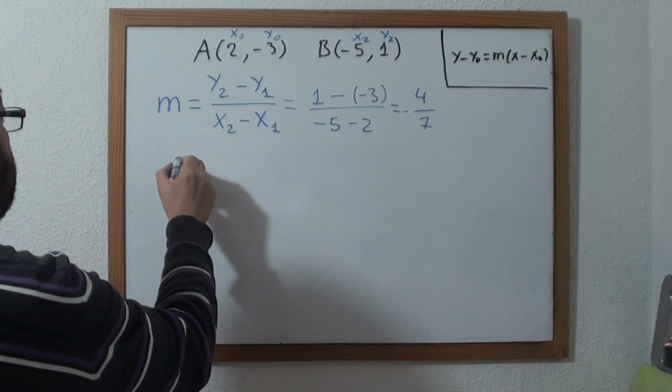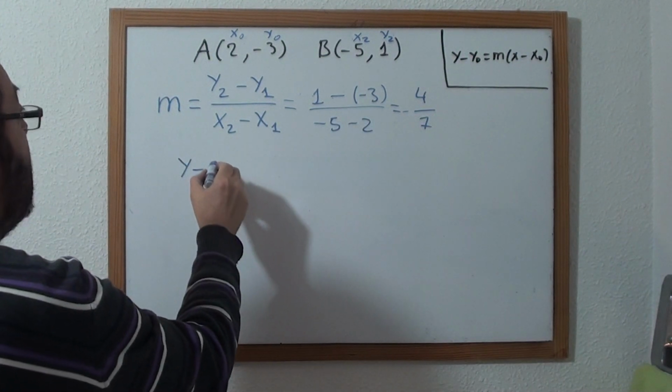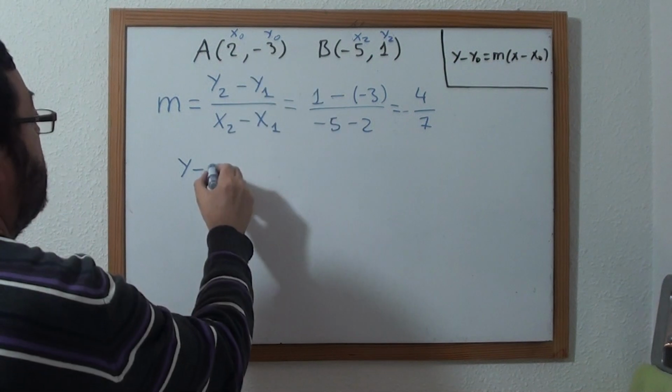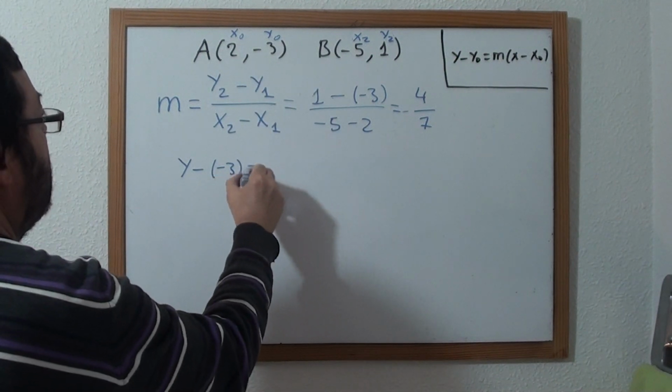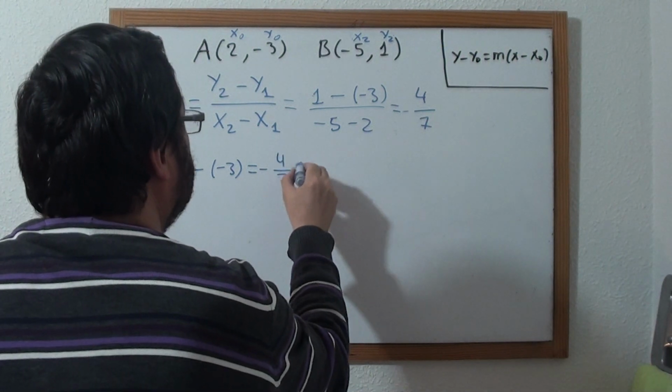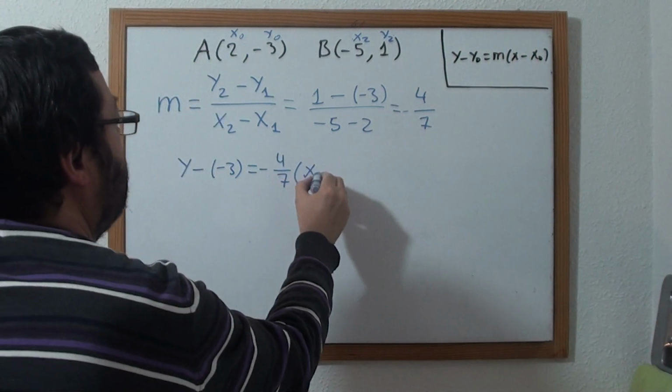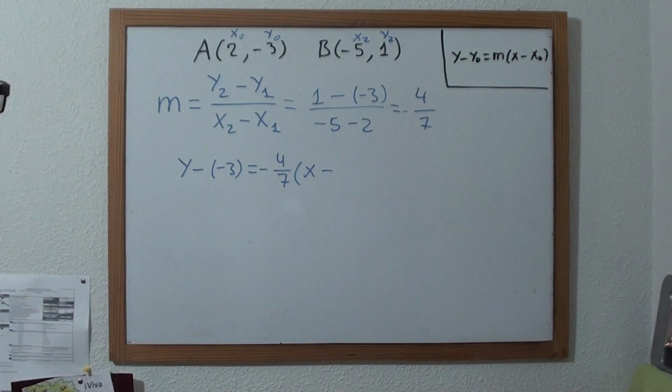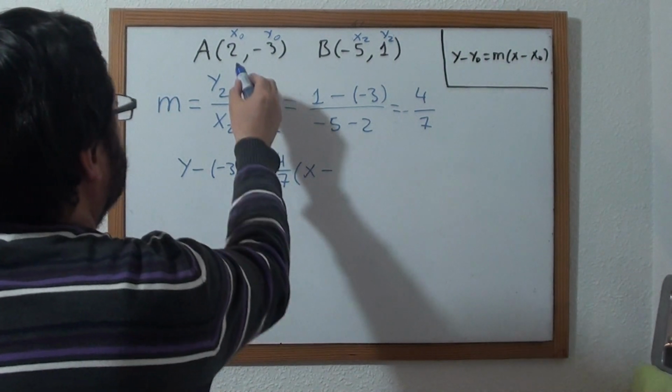So I apply that formula. y minus y0, which is minus 3, equals m, minus 4/7, times x minus x0, which is 2.